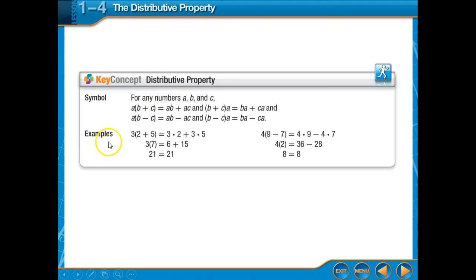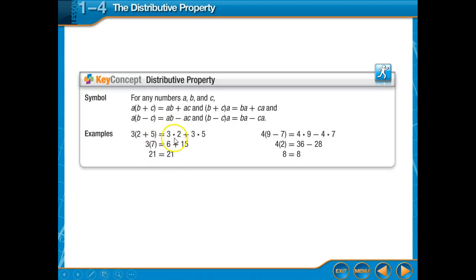Here are 2 examples. 3 times (2 plus 5) is equal to 3 times 2 plus 3 times 5, which is 6 plus 15, following the order of operations and multiplying first, and that's 21.